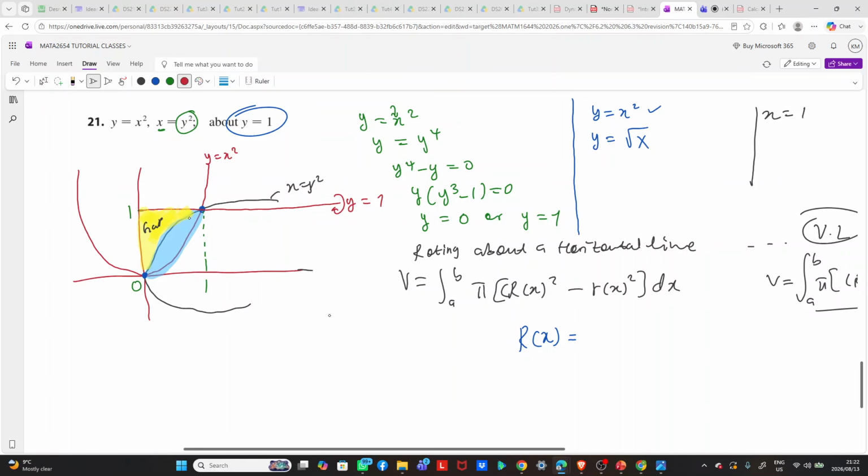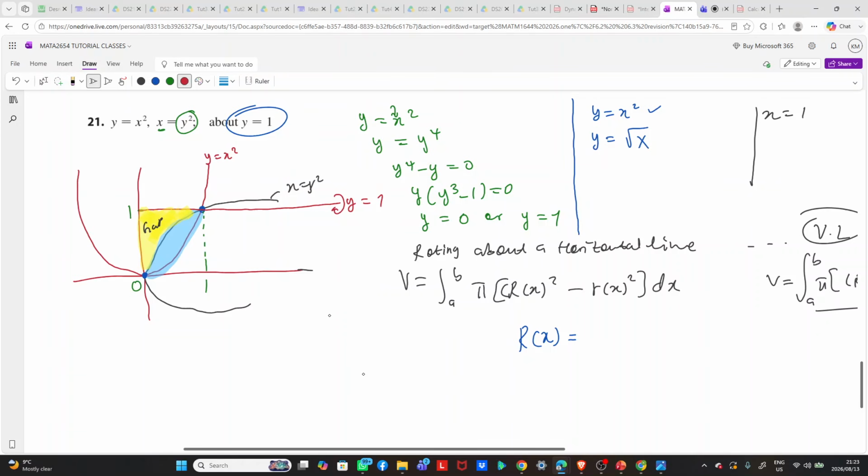Now, if we are going to rotate this way, which one is going to give us the outer radius? Is it this red one? This one will be the inner one. This one will give us the outer one.